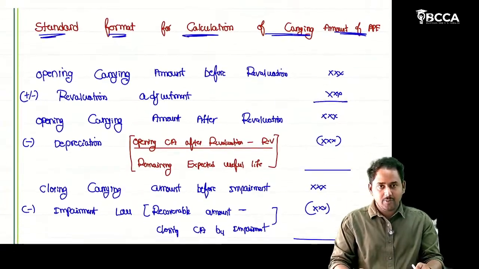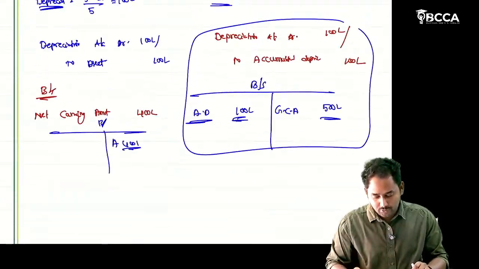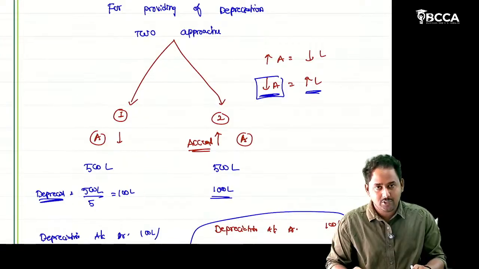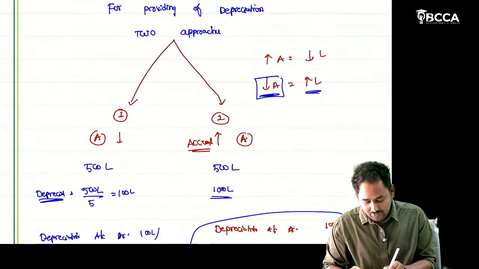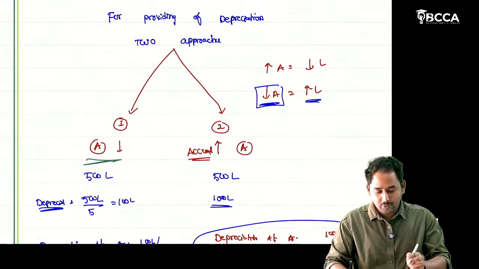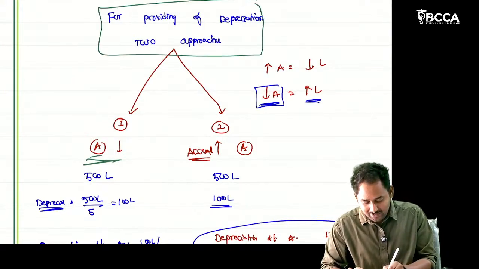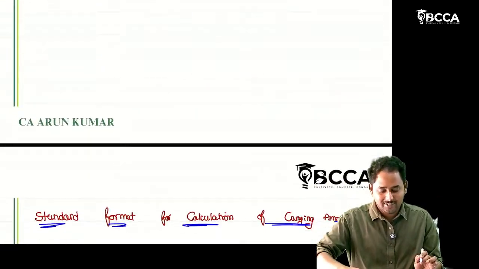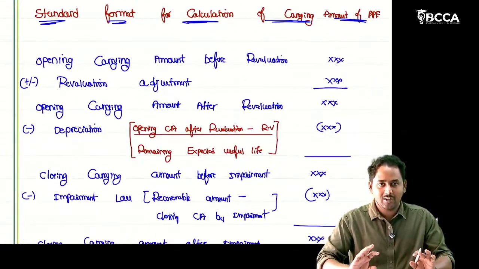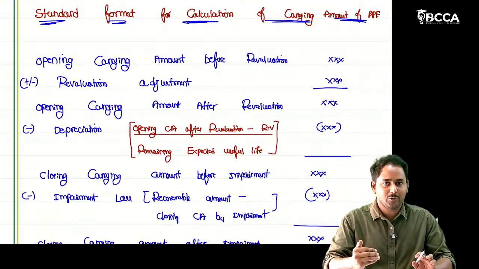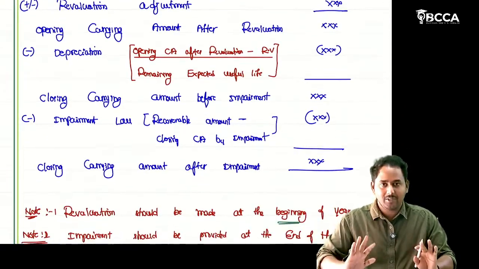So this is the format for which approach? I already told you there are two approaches for providing the depreciation, right? So this is for approach 1. We can calculate the closing carrying amount of all the assets with this format, that's enough.